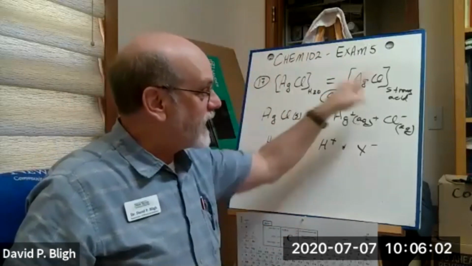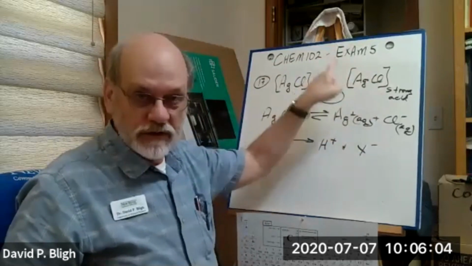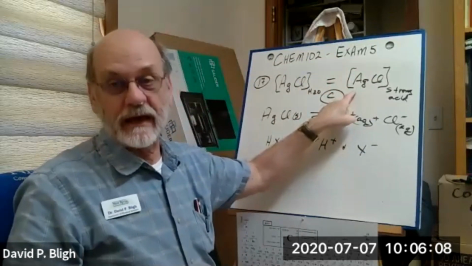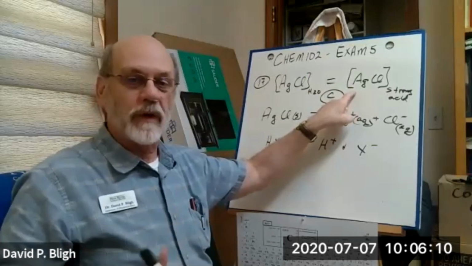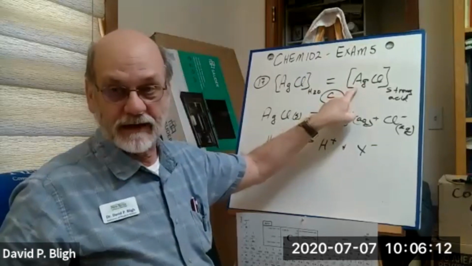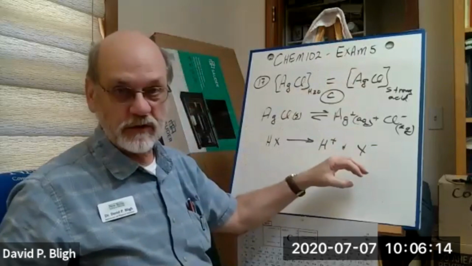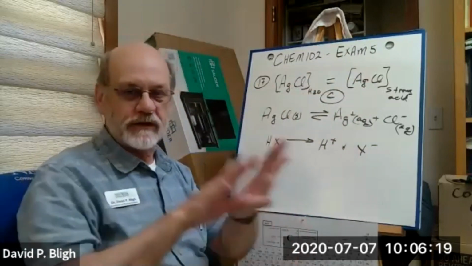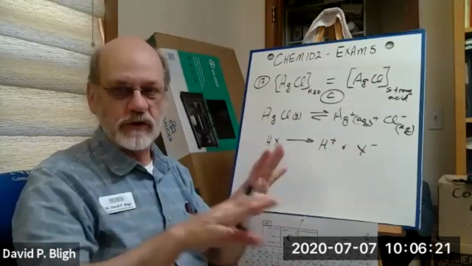Well, if you can't attack the anion, you attack the cation. And that's where the complex ions come in. Then if you can form a complex ion with the cation, removing it from solution, then you increase the solubility. So that's the juxtaposition of those two.